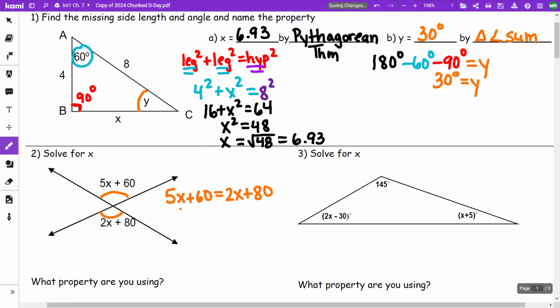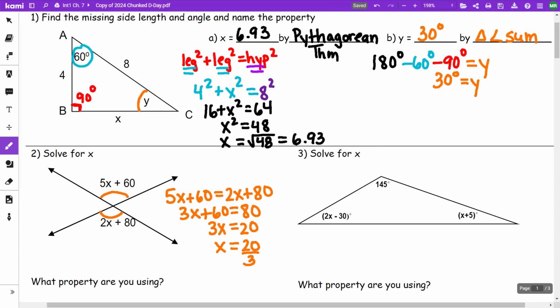I'm going to subtract 2x from both sides and get 3x. I am going to subtract 60 from both sides, and I'm going to get 20. I am going to divide both sides by 3, and I get 20 divided by 3.